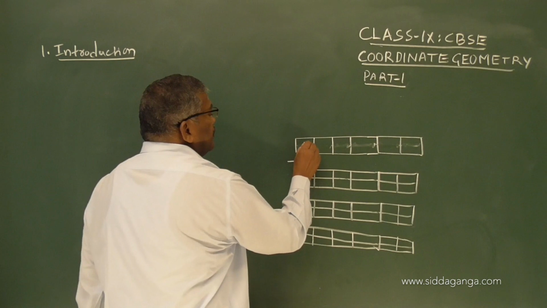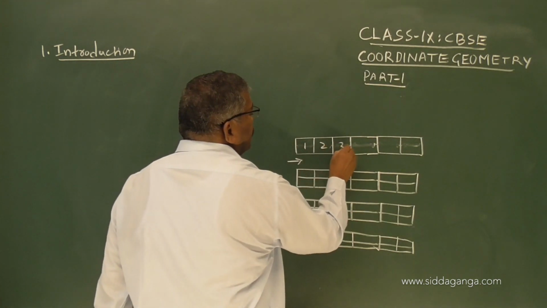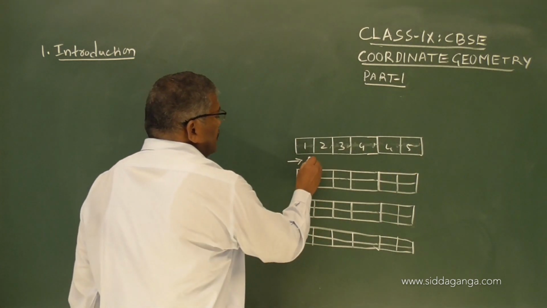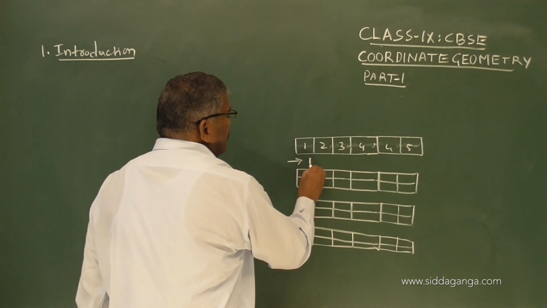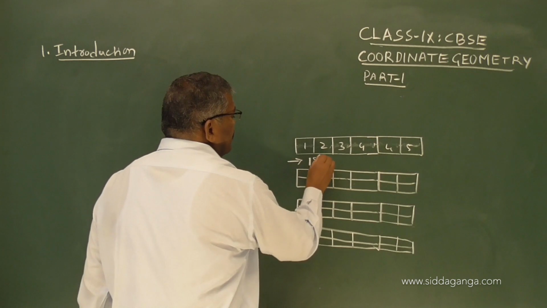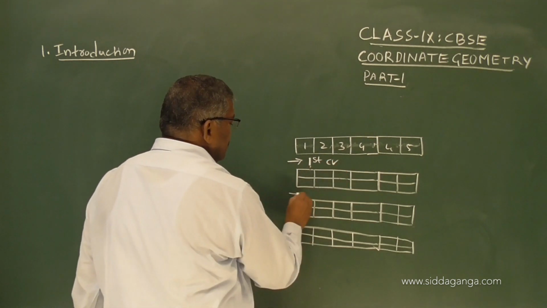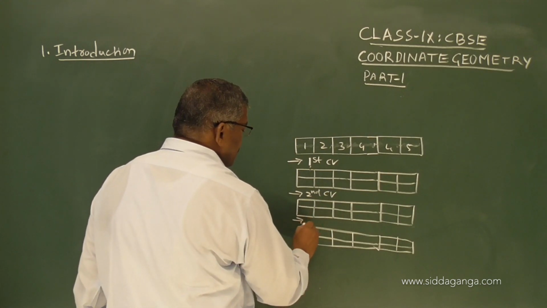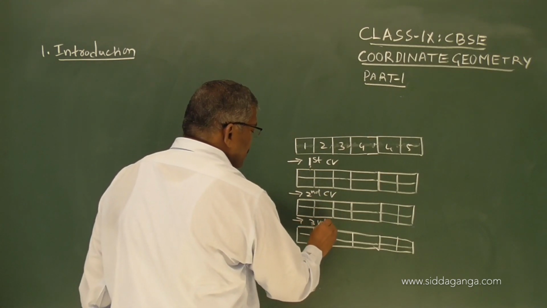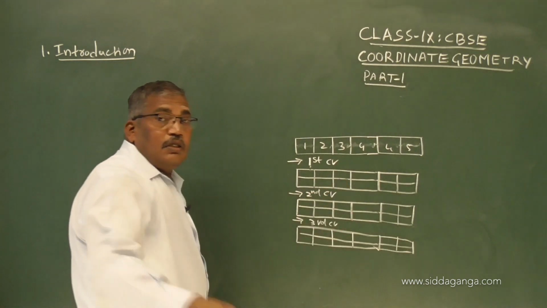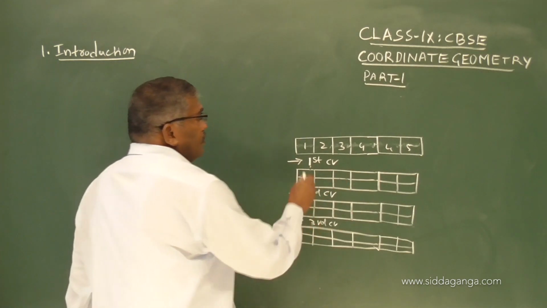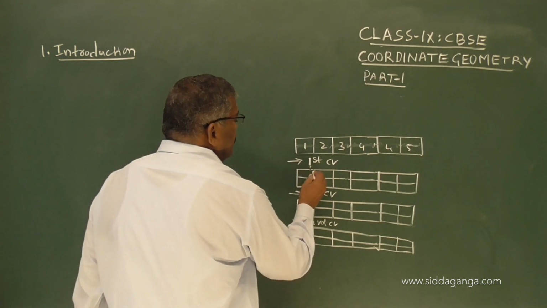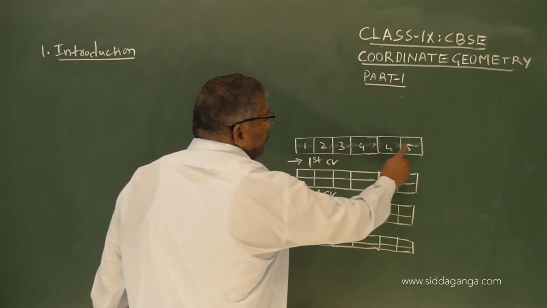Let us say this is house number 1, 2, 3, 4, 5. So this is first cross, this is second cross, this is third cross. There may be any number of crosses also. This is 6 and then 1 to 5.